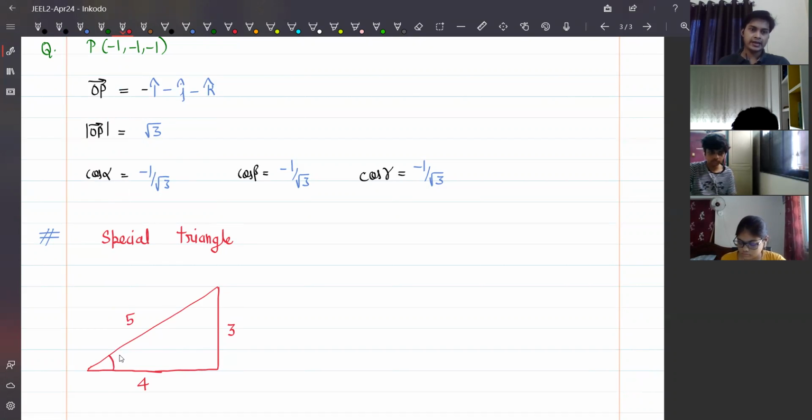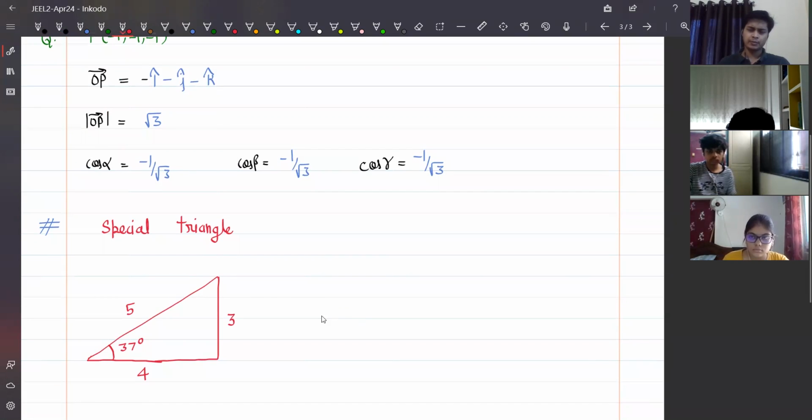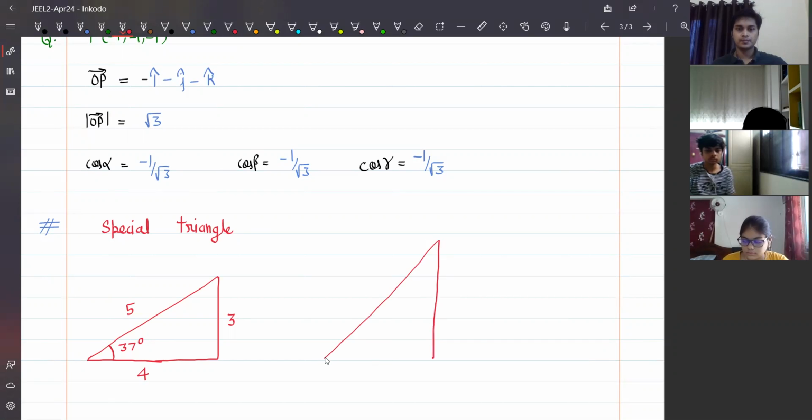So we like to write this angle as 37 degree. It is approximately 36.9 something, but we write 37 degree. And the same triangle, if reversed, then this side is 4, this side is 3, this is 5, and this angle is written as 53 degree.